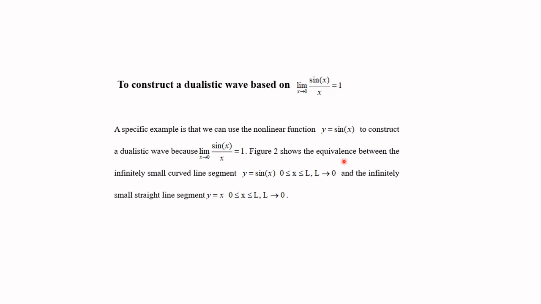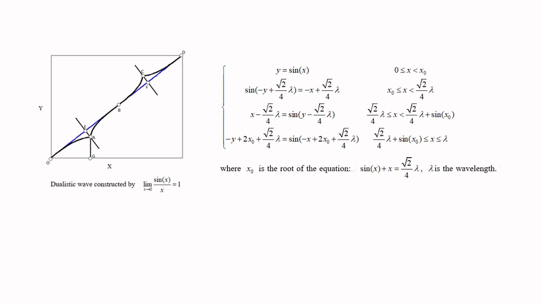This is based on the equivalence of the curved line segment y equals sin x, x between 0 and infinitesimal, and the infinitely small straight line segment y equals x, x between 0 and infinitesimal. This shows the dualistic wave constructed by using the limit sin x over x as x approaches 0.